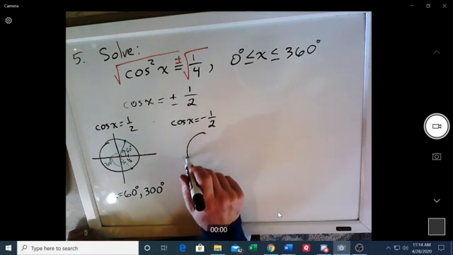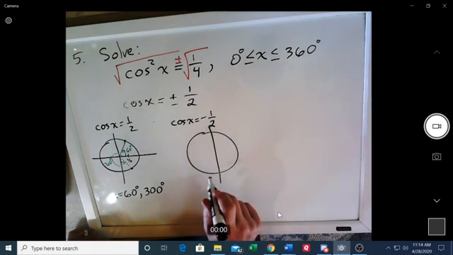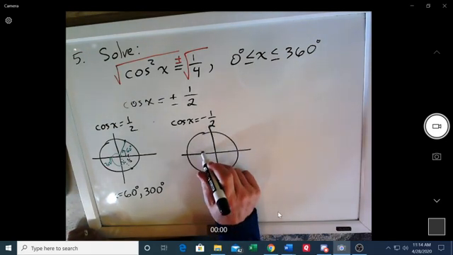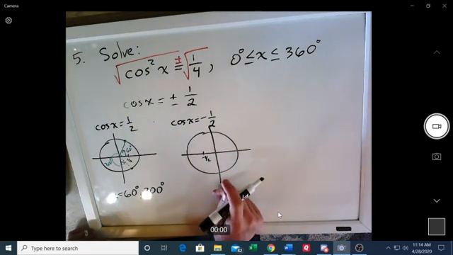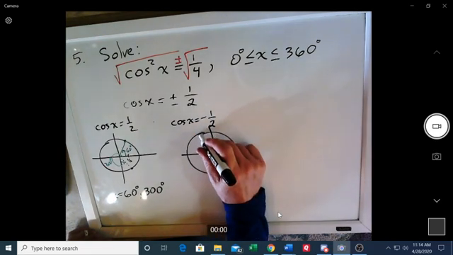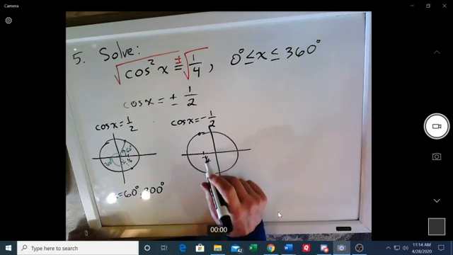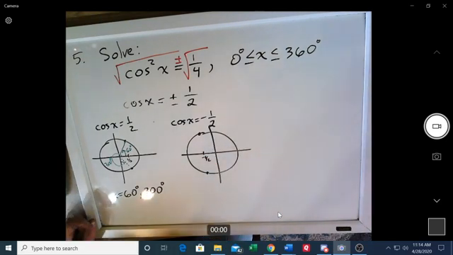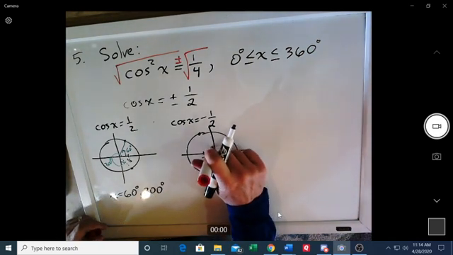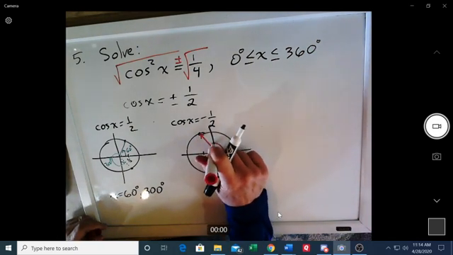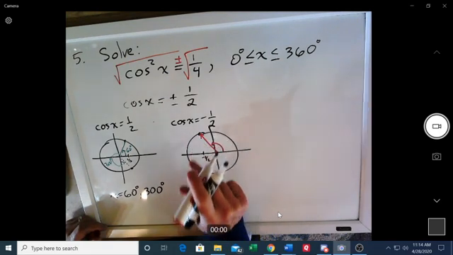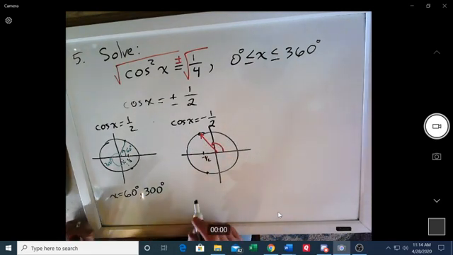On this one, I put my negative 1/2 on the x-axis again, up here or down here. Those are the two angles that have an x-coordinate of negative 1/2. And this angle is 90 degrees plus 30 more, 120 degrees.